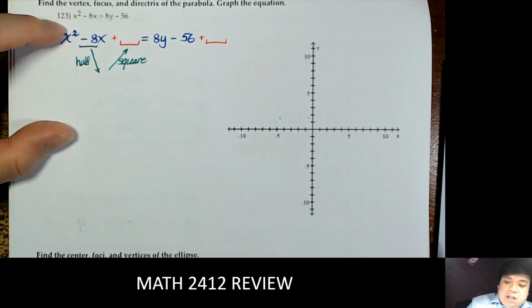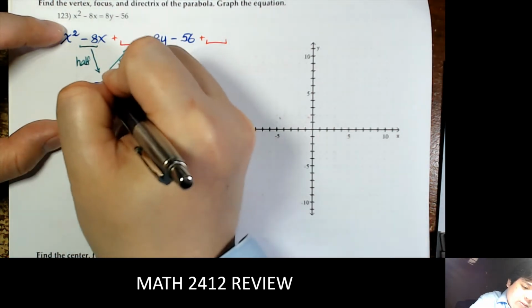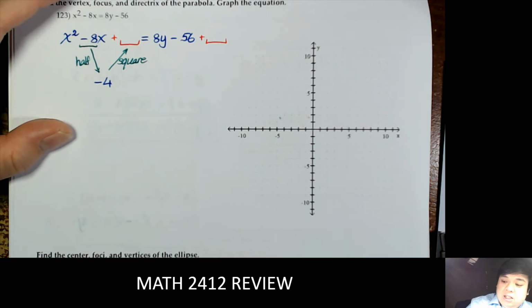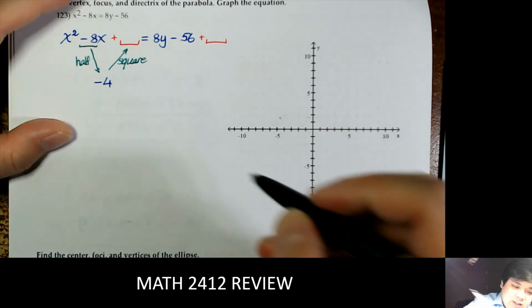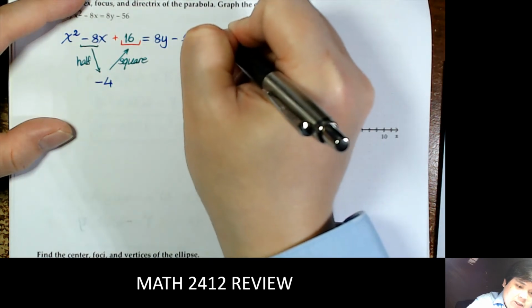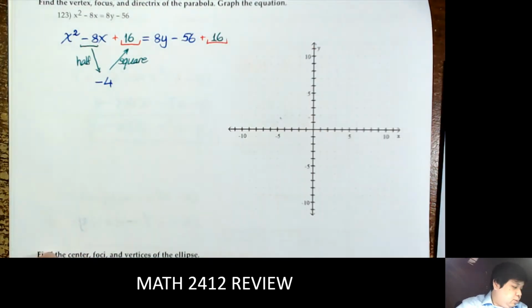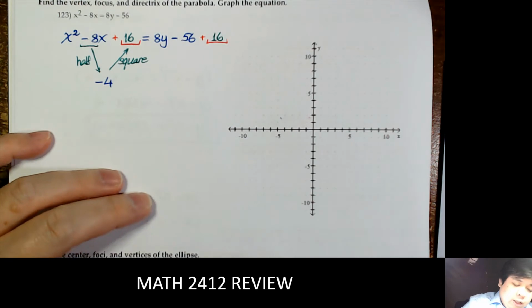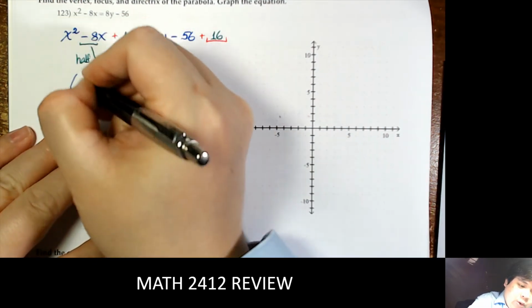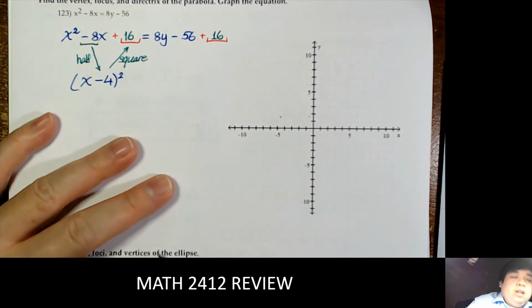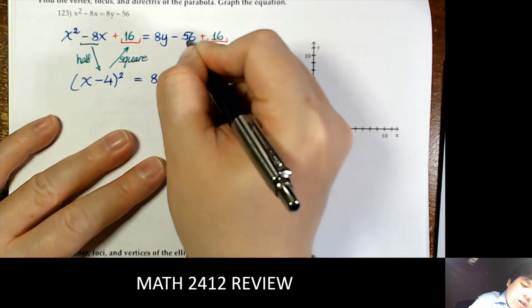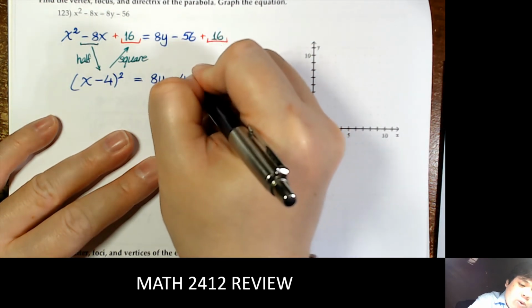Half of -8 is -4, and then we square -4, that will be 16. Then this will give us a square where we just put an x there, and on the right hand side we have 8y minus 56 plus 16, that is minus 40.